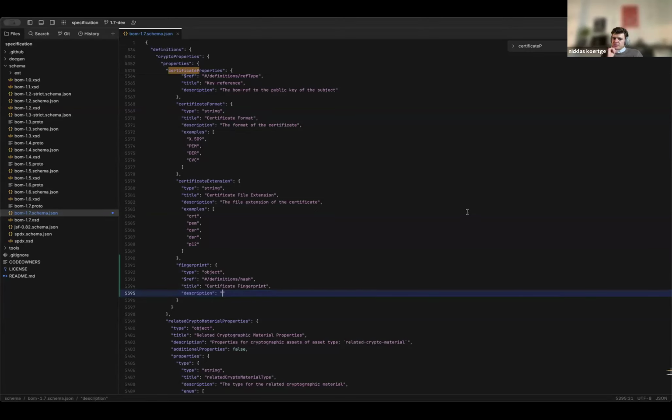Wouldn't that make more sense to add it there? Yeah, right. We have a direct reference to the public key, which again has a fingerprint. Yes. I mean, not yet, but we could add it then. Yeah. Then we would have to add hashes as well to the related crypto material. Yes. Okay.